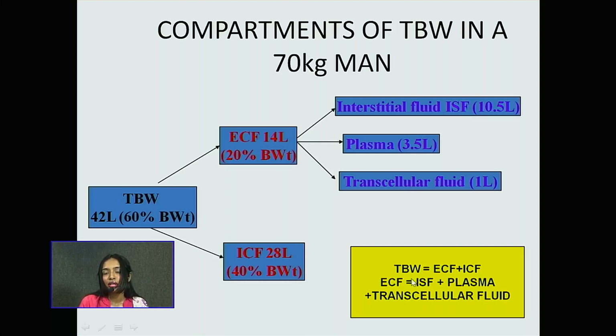So total body water is extracellular fluid plus intracellular fluid, and the extracellular fluid, as we know, is ISF plus plasma plus transcellular fluid. When we add all three, that comes out to be the extracellular fluid.